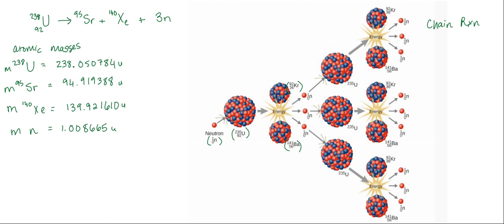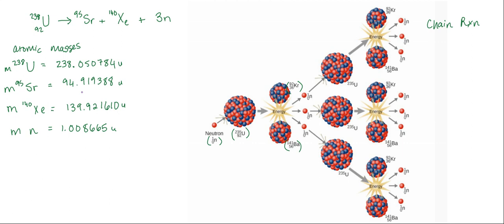So as always, the energy release is equal to the mass destroyed, or the mass changed, times the speed of light squared. So we have to find the difference in the mass between the parent uranium-238 and the fission products. So let's go ahead and do that. Let's find the mass of the products first.